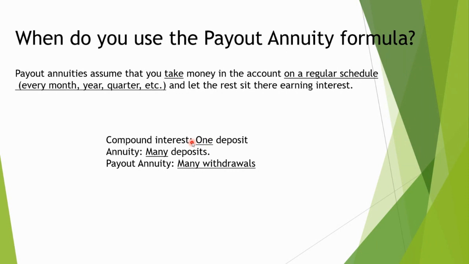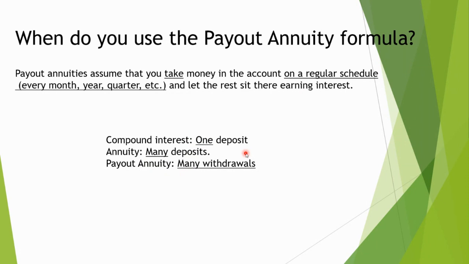Here, we're assuming there are many deposits, so the formula and the work get more involved, but that's expected. Then, once you retire, we have what's called a payout annuity, where we're making many withdrawals. The money that's in there is earning interest.